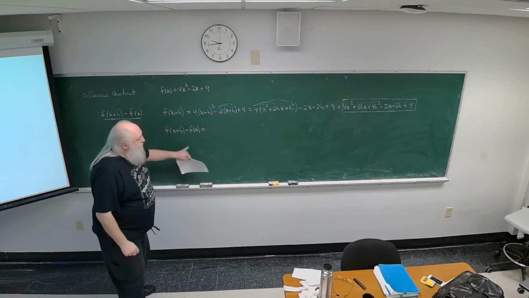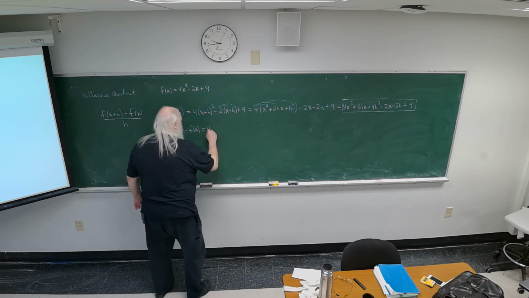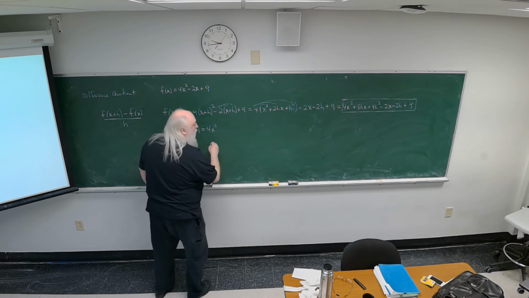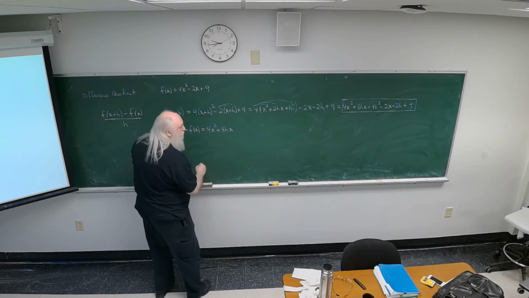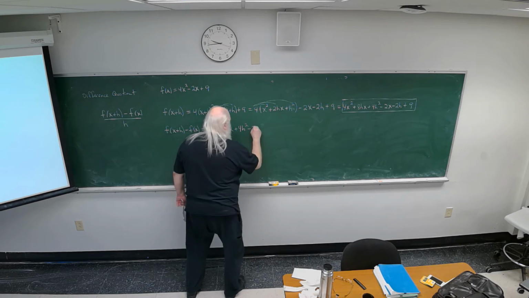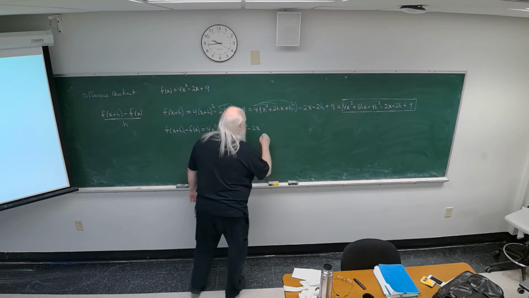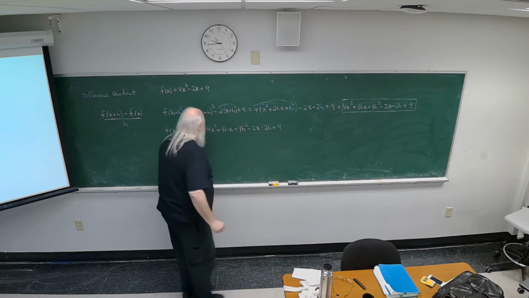Well, f of x plus h is everything in the rectangle: 4x squared plus 8hx plus 4h squared minus 2x minus 2h plus 9.